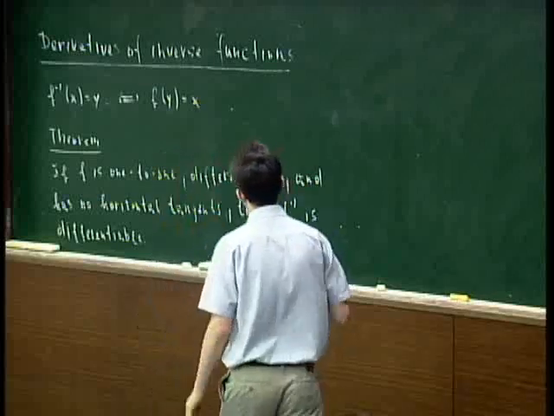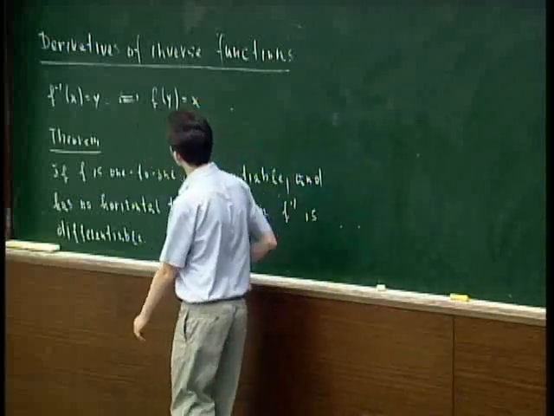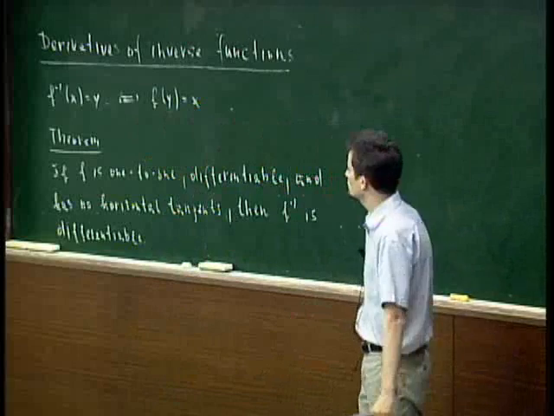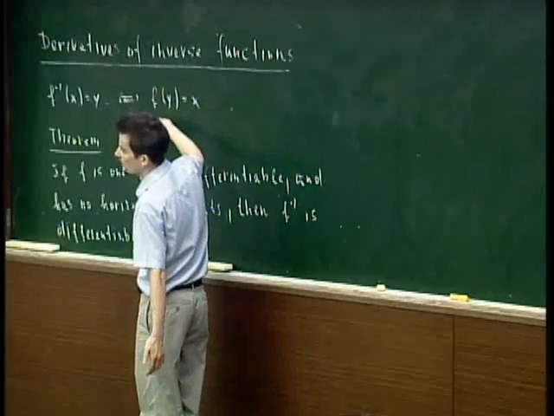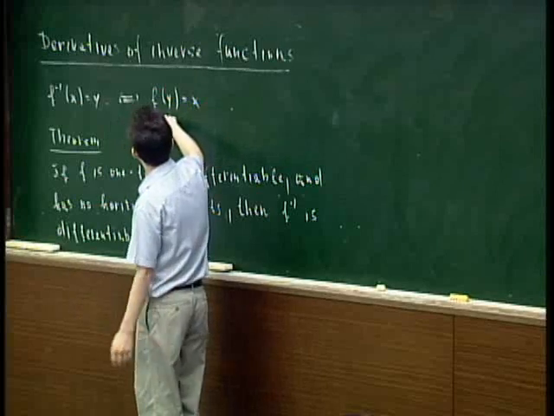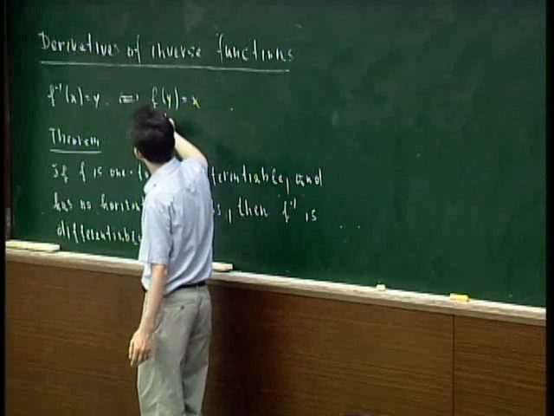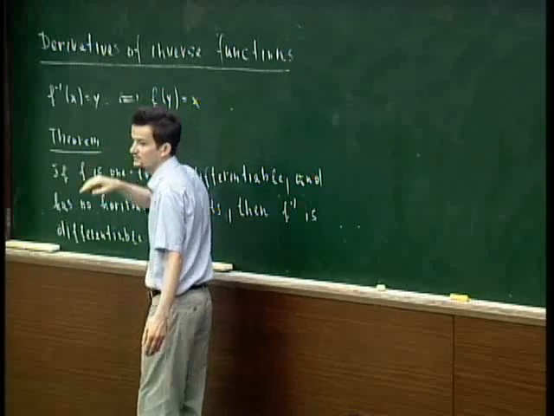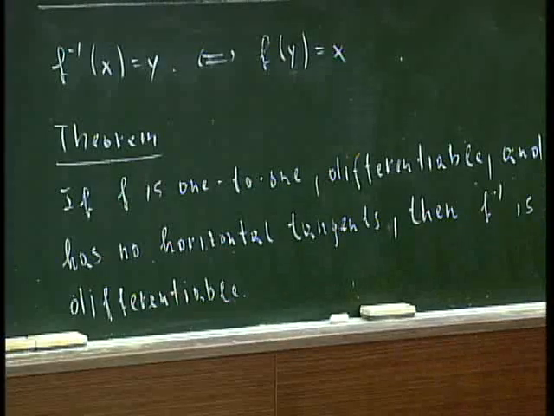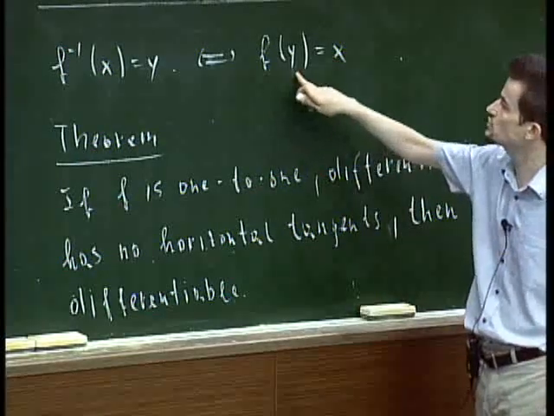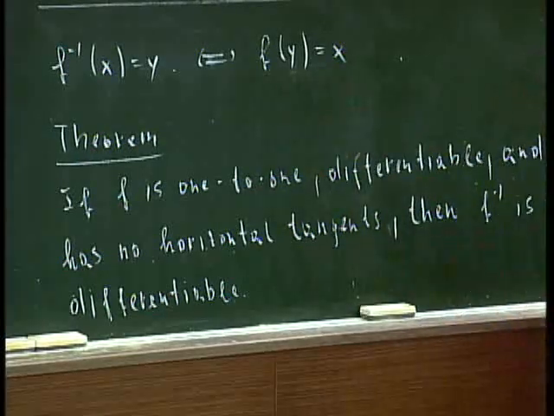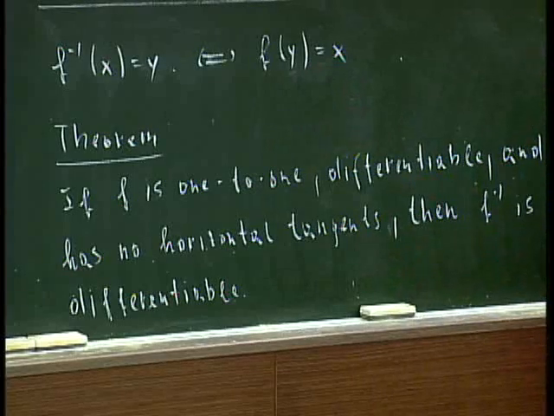I'm not going to prove this here, but if you know this, then by looking at the equation, you normally know that the function is 1 to 1 because you want to invert it, and by figuring out that f doesn't have any horizontal tangents, you can already deduce that the solution of this equation will be differentiable.